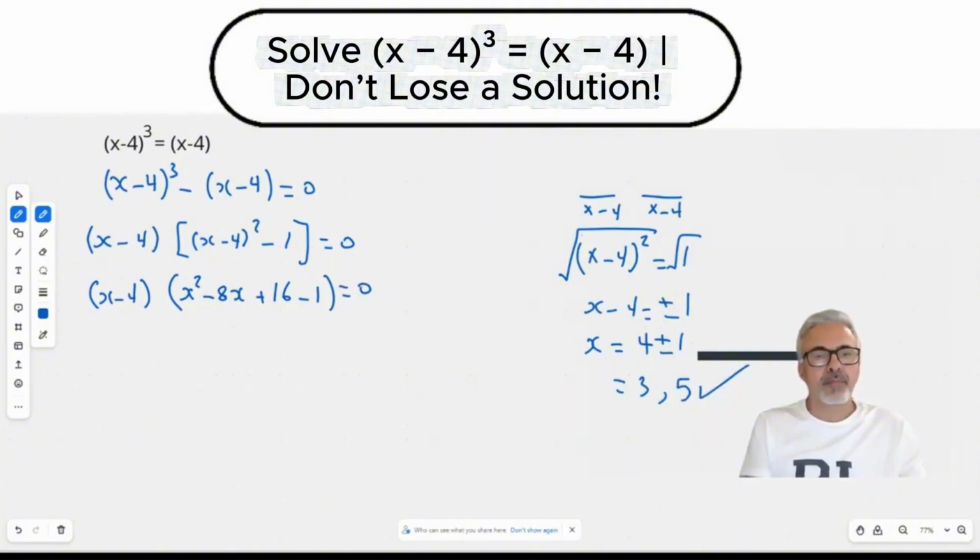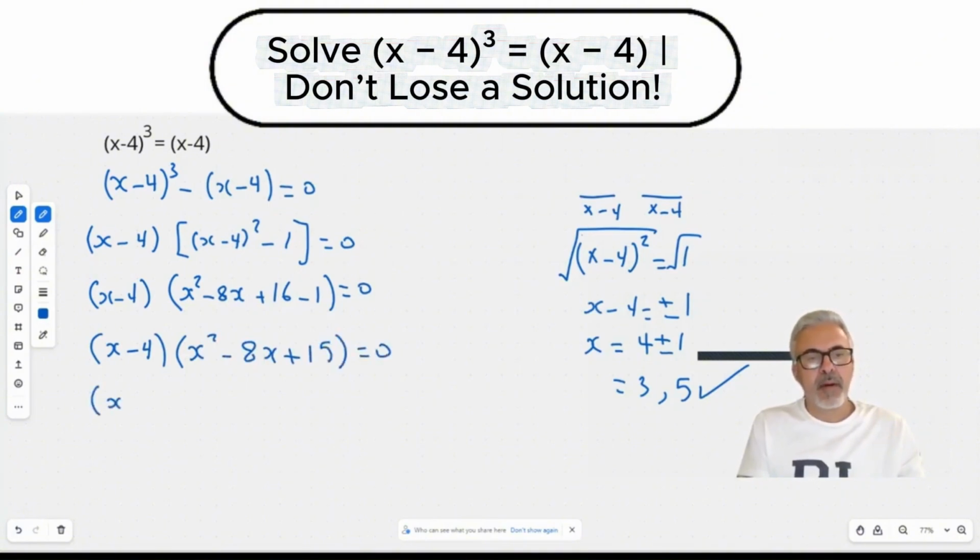Now, we have x minus 4. We have x minus 4. And here we're going to have x squared minus 8x plus 15 equals 0. x minus 4.